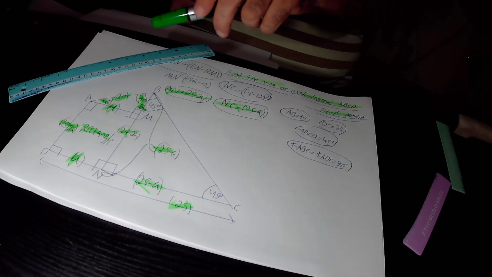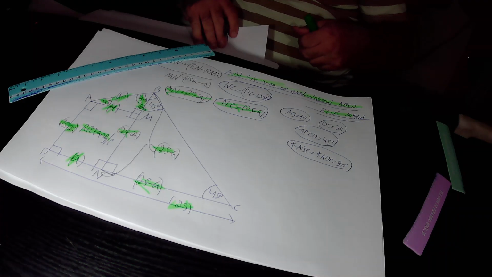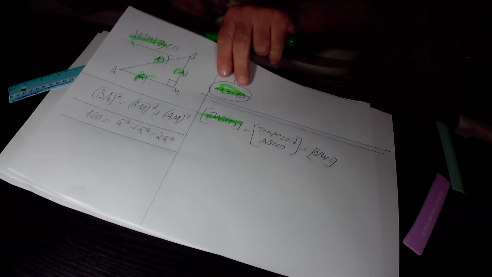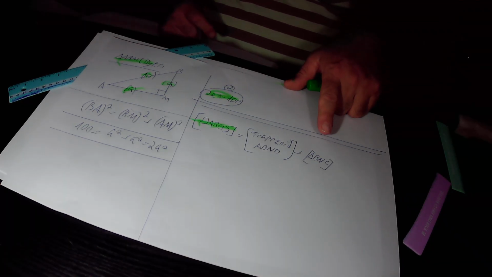The area of this quadrangle ABCD, that is the area we are looking for in this question, is equal to the area of trapezoid ABND plus the area of the right triangle BNC.